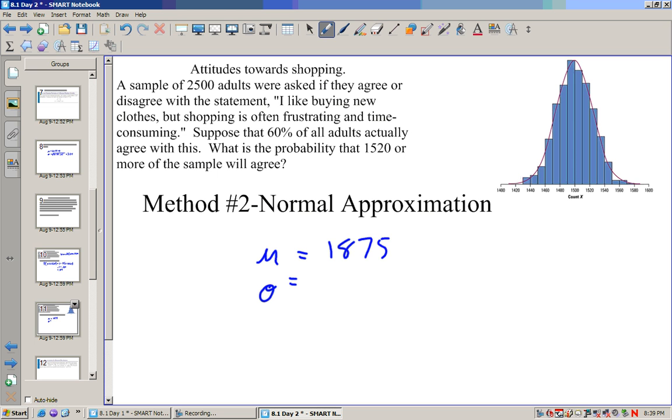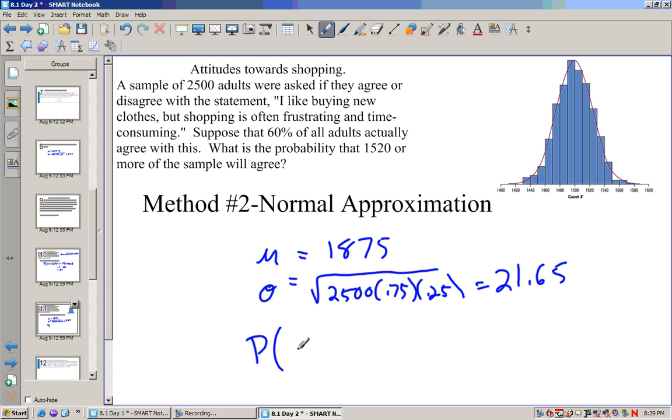We take the square root of 2,500 times 0.75 times 0.25, and we square root that number to get 21.65. So if I wanted to find the probability that it's greater than or equal to 1520, that's going to equal the probability that my z-score is greater than or equal to 1520 minus my mean.